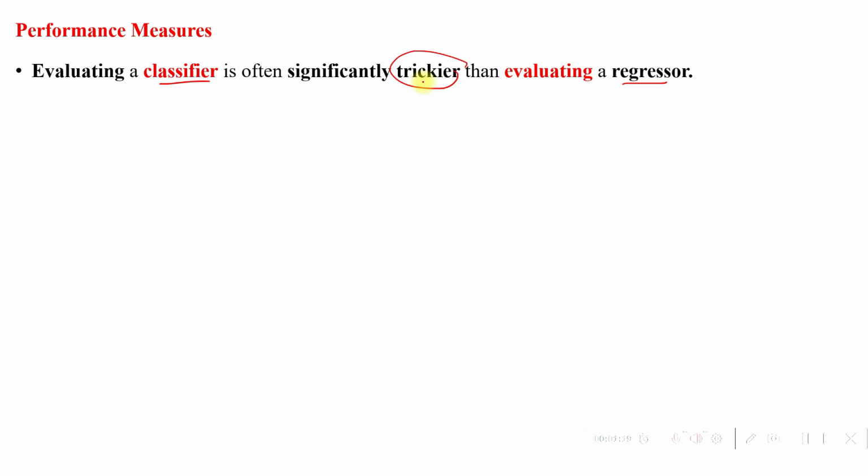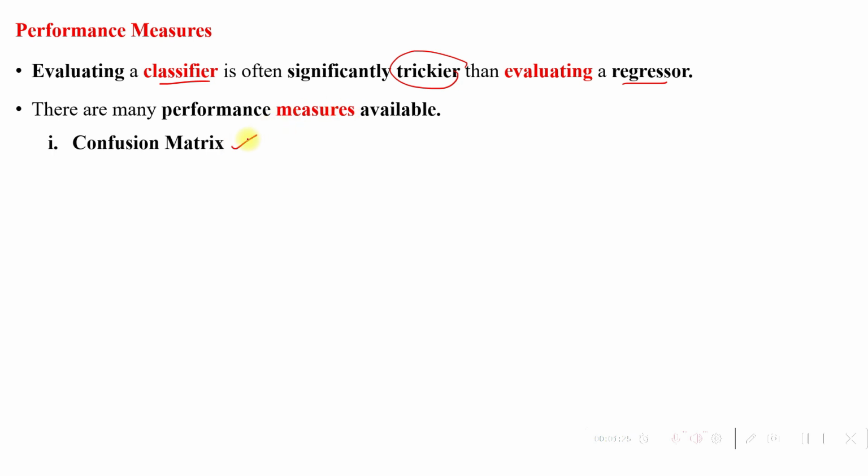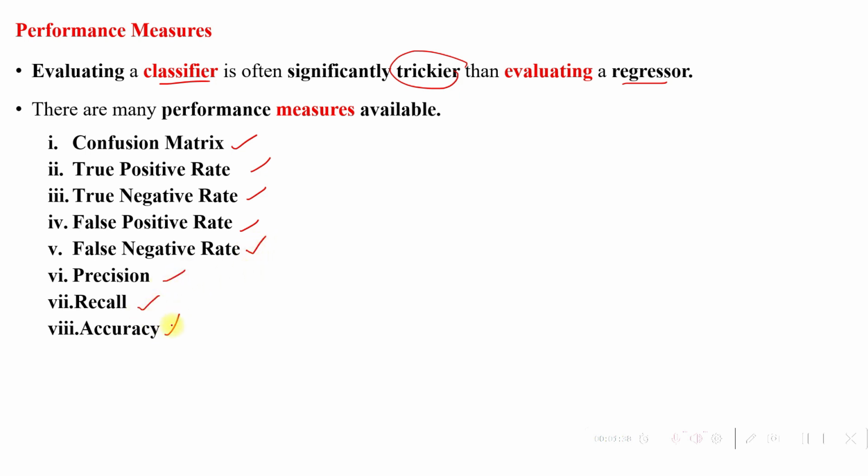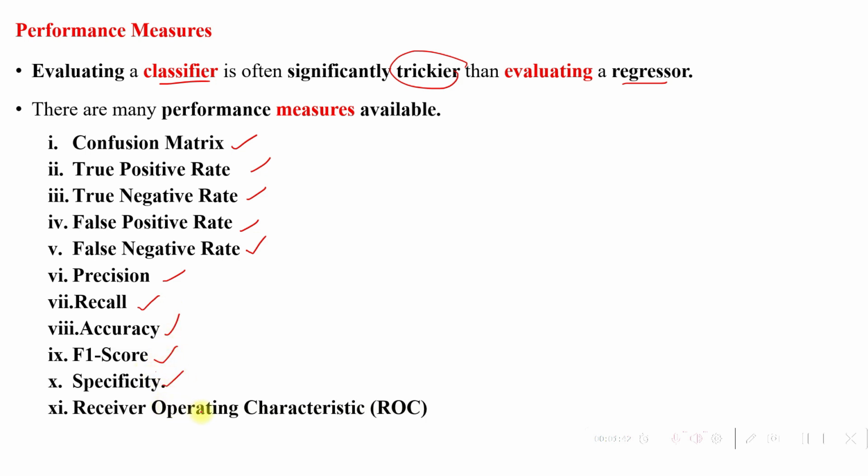That's very important. Now we have different types of performance measures. One is the confusion matrix, true positive rate, true negative rate, false positive rate, false negative rate, precision, recall, accuracy, F1 score, specificity, and receiver operating characteristic curve and area under the curve.